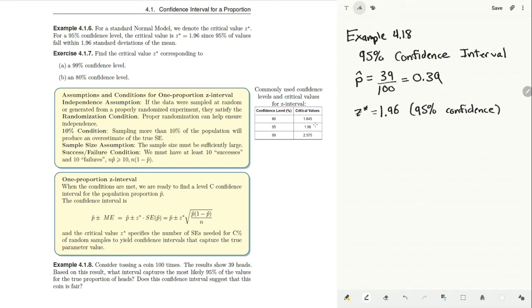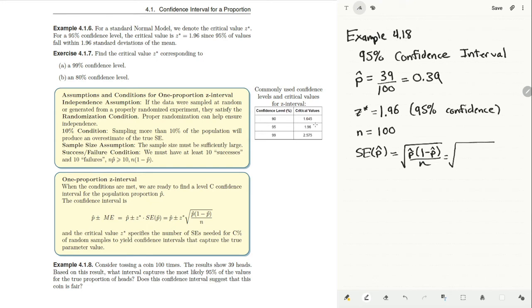Now the last thing that we need is the standard error. Our sample size is 100, and the standard error is given by the square root of p hat times 1 minus p hat, all divided by n.